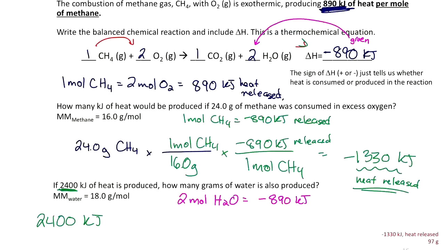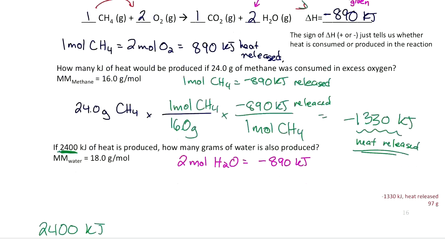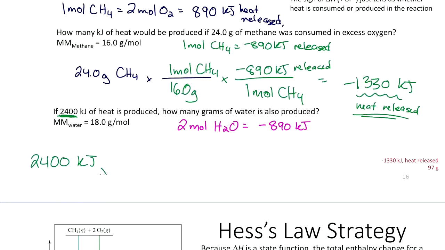So we start with 2,400 kilojoules. Again, I don't want you to get confused with this negative sign, because here I'm telling you heat is being produced, it's being released by this reaction. So that negative sign isn't super necessary here. We can still use the relationship that 890 kilojoules of heat is released.